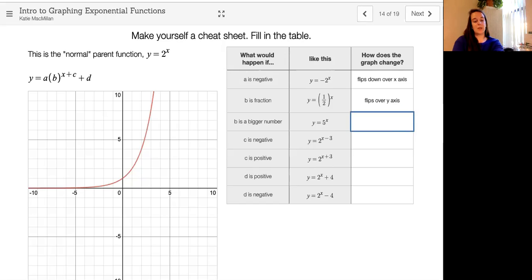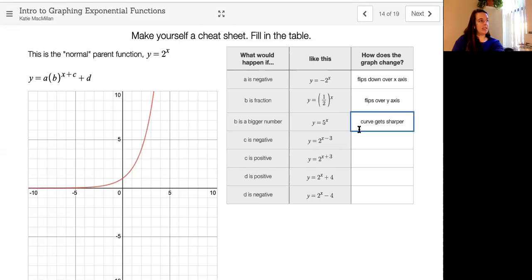Yeah, the curve gets sharper. I like the way that you wrote that. Thank you, Christine. The curve gets sharper, right? It gets more like an L and less like a curve.